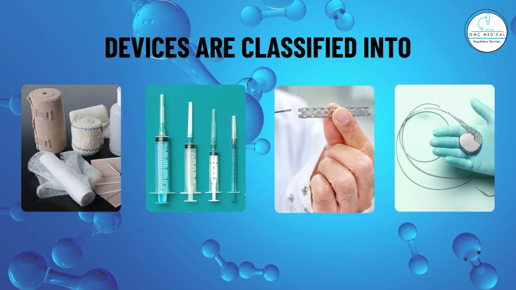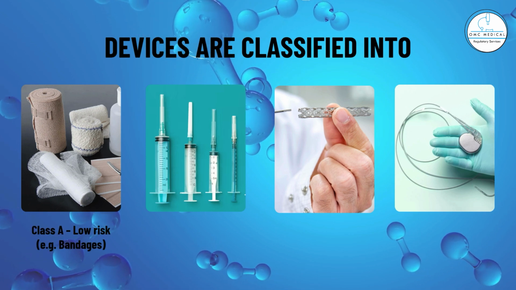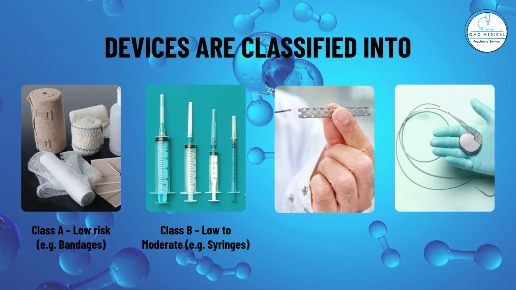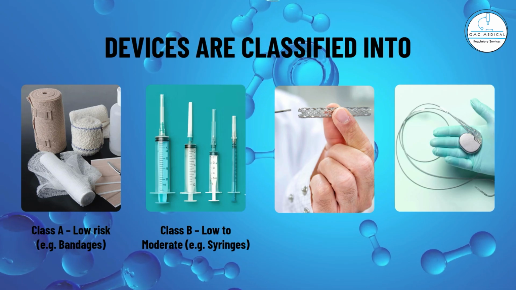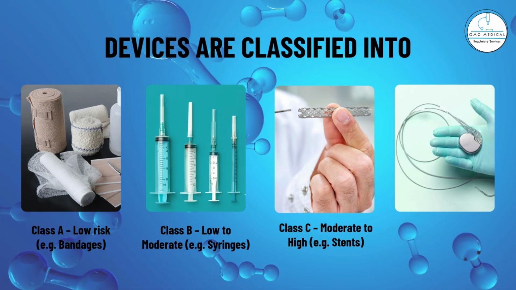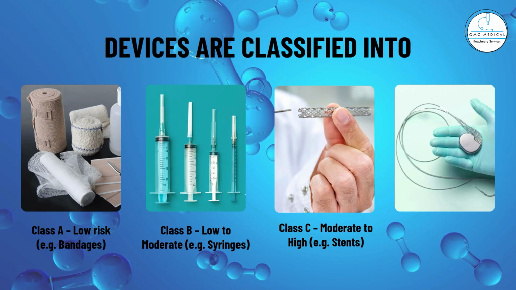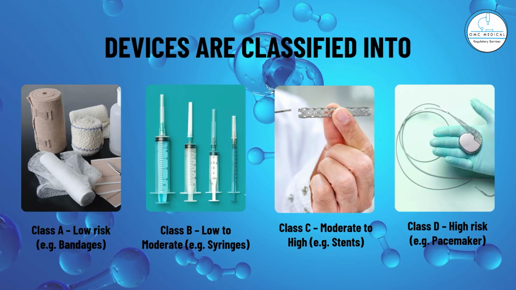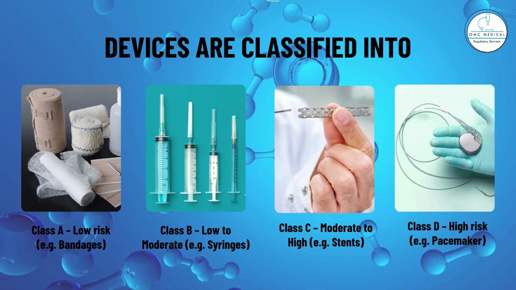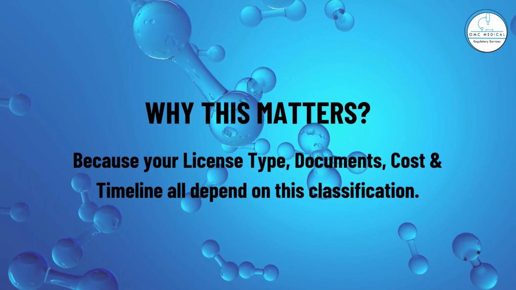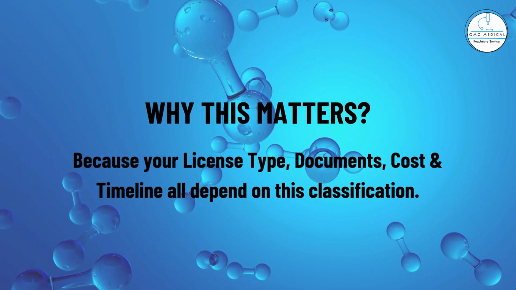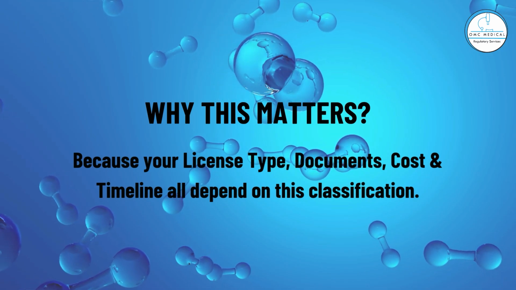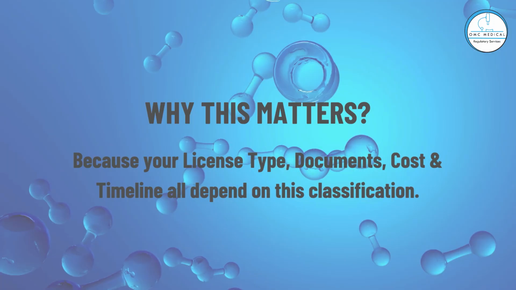Devices are classified into Class A, low risk, for example, bandages; Class B, low to moderate, for example, syringes; Class C, moderate to high, for example, stents; Class D, high risk, for example, pacemakers. Why this matters? Because your license type, documents, cost, and timeline all depend on this classification.